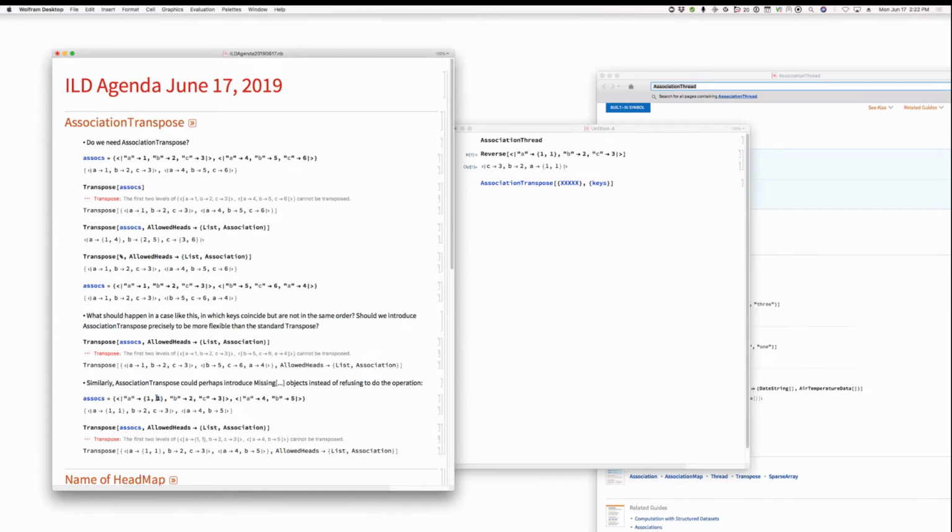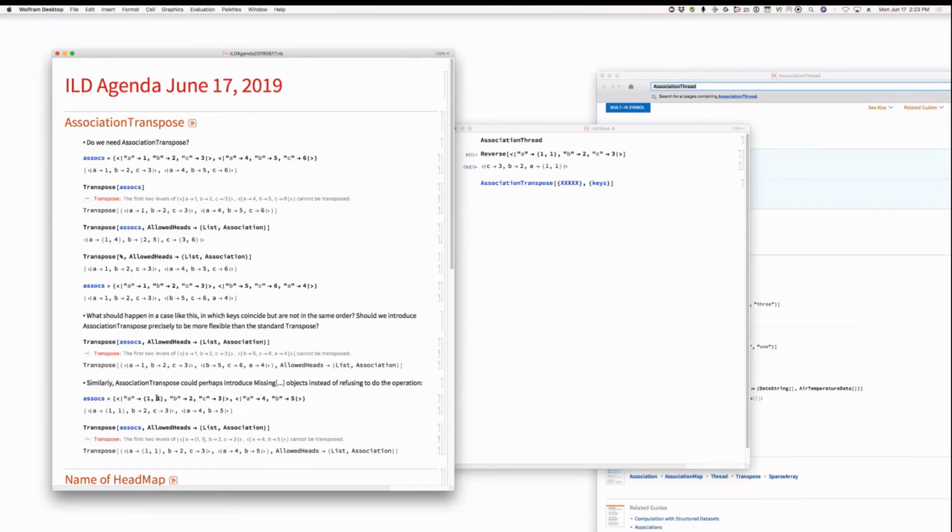Someone on our live stream is asking, aren't associations supposed to be orderless? The answer is they are orderless for some purposes, but not for others. As a courtesy, they maintain their order for purposes of display. But they are orderless for purposes of pattern matching and so on. Is that a fair characterization for people who know the internals?